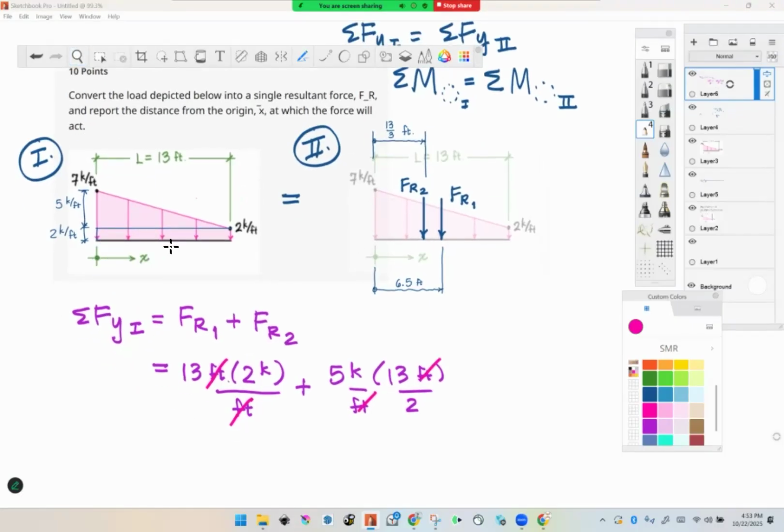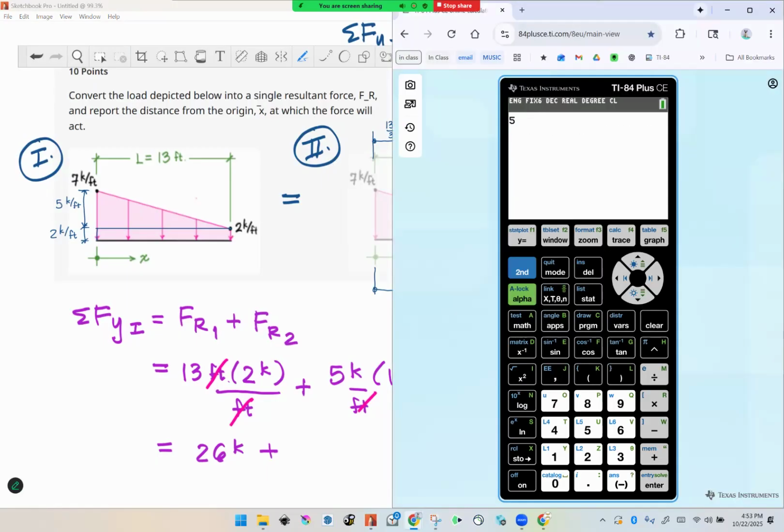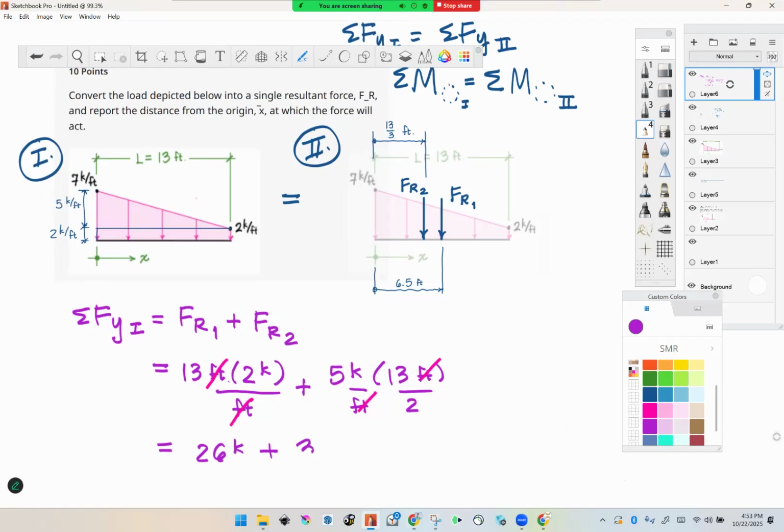So if we simplify this, F sub R sub 1 is 13 times 2, 26 kips. And 5 times 13 divided by 2 is 32.5 kips.